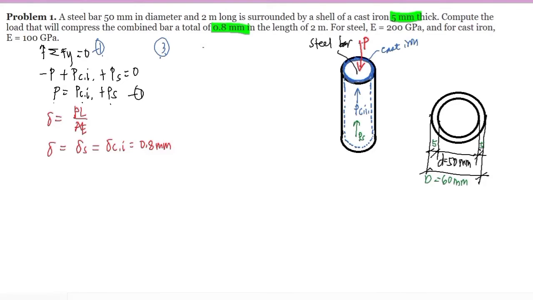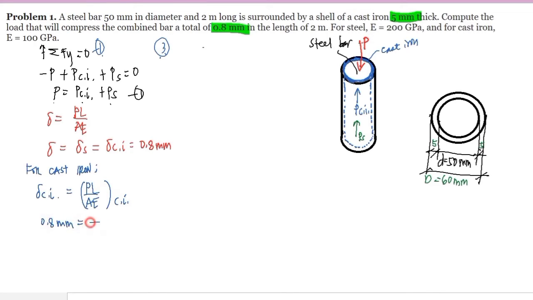And so we solve for the force resisted by the cast iron. So for cast iron, we have here the deformation of the cast iron is equal to PL over AE of the cast iron. So we have here the deformation is equal to 0.8 mm, and we have the P of the cast iron and the length.